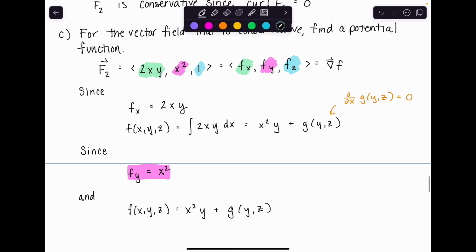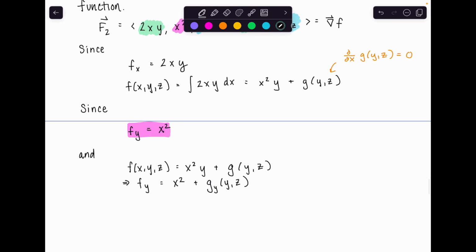I also get that the derivative of this function with respect to y is x squared. And then this would be the partial derivative of this function with respect to y. So these two things better equal each other.